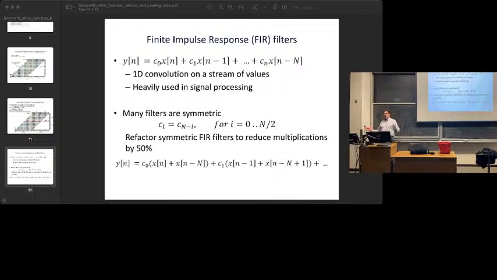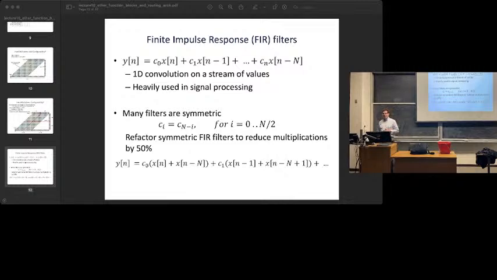It's one-dimensional convolution, and it's used in signal processing all the time. It's basically take some stream of data. You've got the last n samples from some data stream, maybe a wireless base station, and you're going to multiply each of them by some coefficient in order to filter it, like put it through a low-pass filter, et cetera.